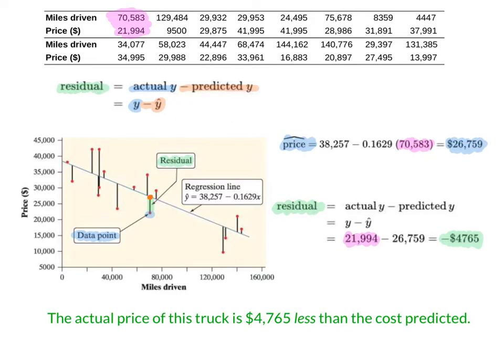So in order to find the residual, we take the actual Y, so that is the actual cost here, 21,994, and we subtract the predicted cost from our residual line, and we find that it is negative $4,765. So that means, in terms of context, as far as our residual goes, the actual price of the truck is $4,765 less than the cost predicted.